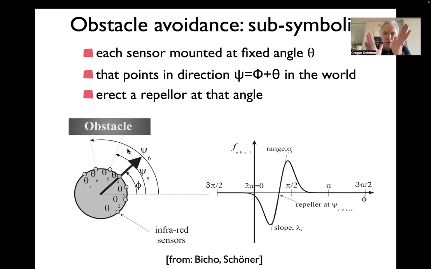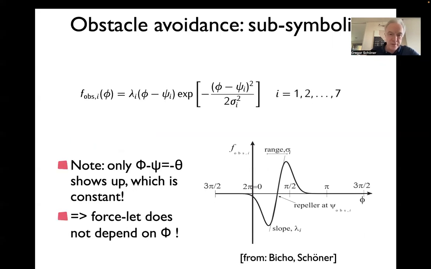So if the sensor has some kind of cone within which it detects distance, then you adjust the range of the force to be according to that. I'll show you some more details about that in a moment. And then the notion would be that the slope of that repulsion, so how strongly you're repelled, is a measure of how much free space there is.